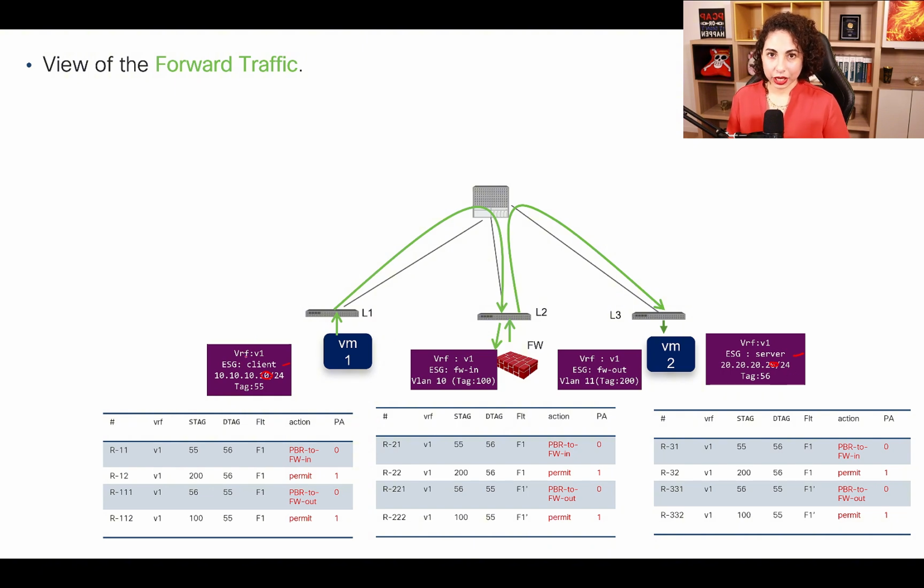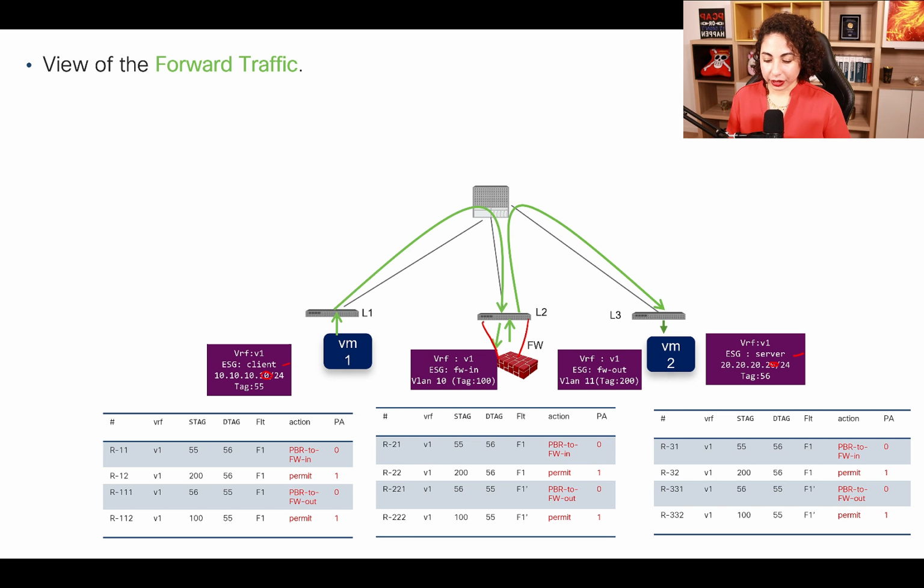So all this we have checked 1,000 times, and I believe we are clear on that. The firewall, we are considering that it is a 2-arm firewall. If it was a 1-arm firewall, it would be exactly the same. In the lab environment, we are going to consider only 1-arm firewalls. It really doesn't matter. What matters is that we do the proper configuration to say which interface is going to end up in which layer 4, layer 7 ESG.